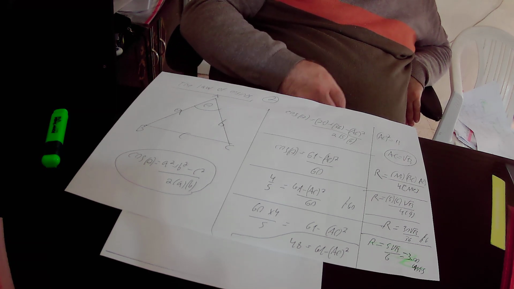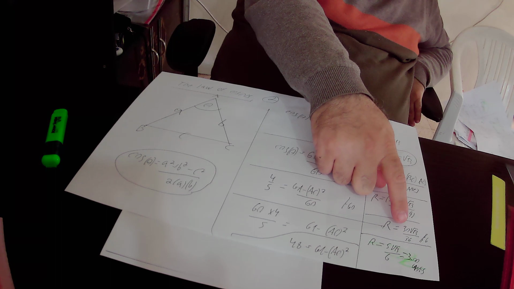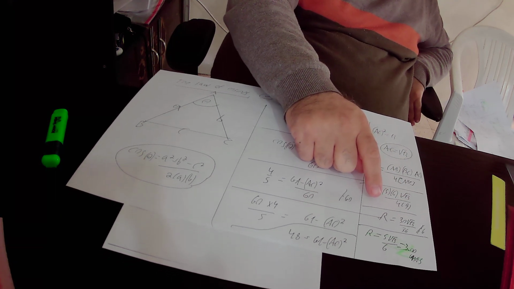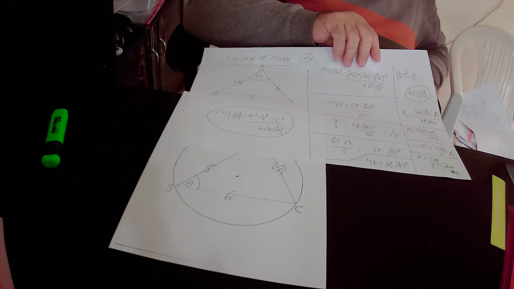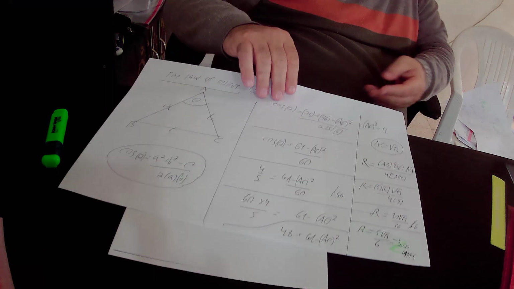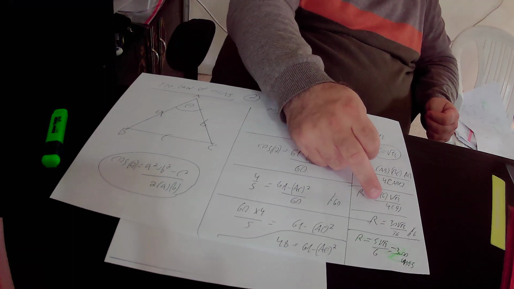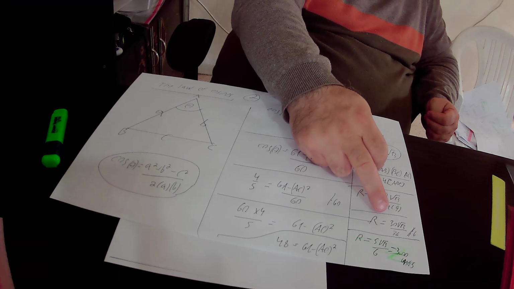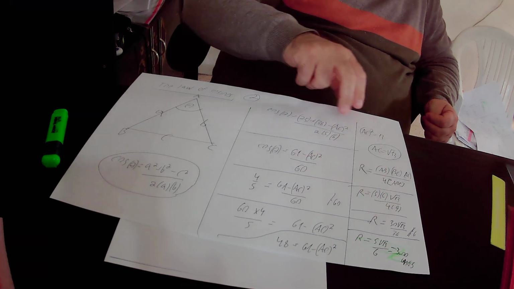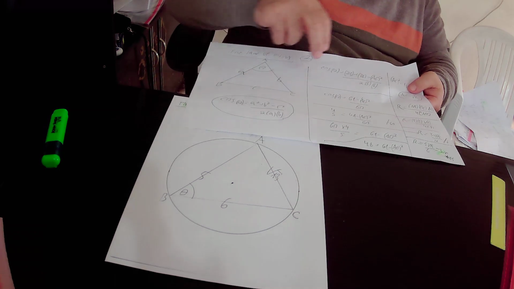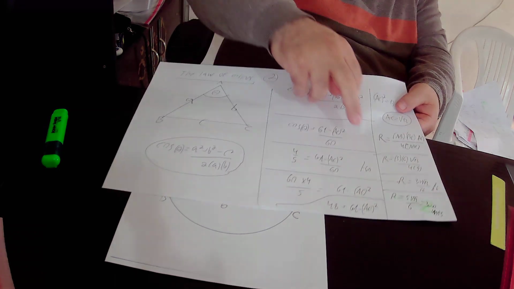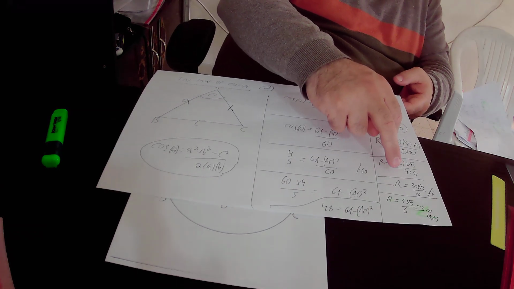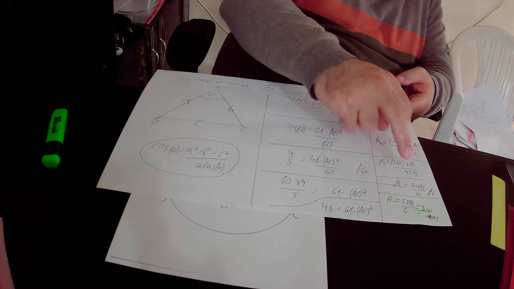We divided both the numerator and the denominator by 6, and we got that 30 over 6 is 5, and 36 over 6 is 6. So the radius of this circle equals 5 over 6 times the square root of 13 units. In terms of numbers, it is a little bit greater than 3 units.